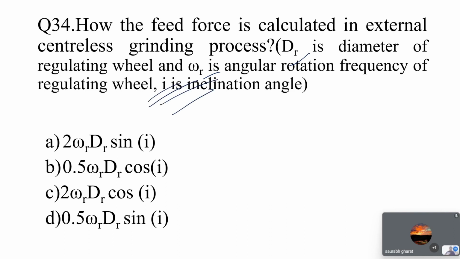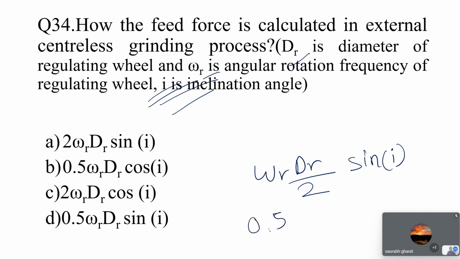So we know the formula: it is omega times dr by 2, which is the actual force, multiplied by sin i. So the actual value is 0.5 omega dr sin i.